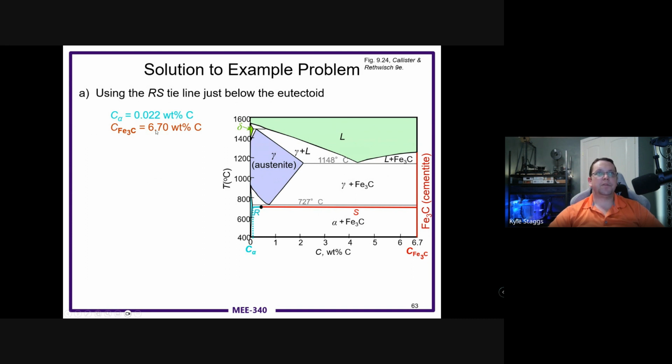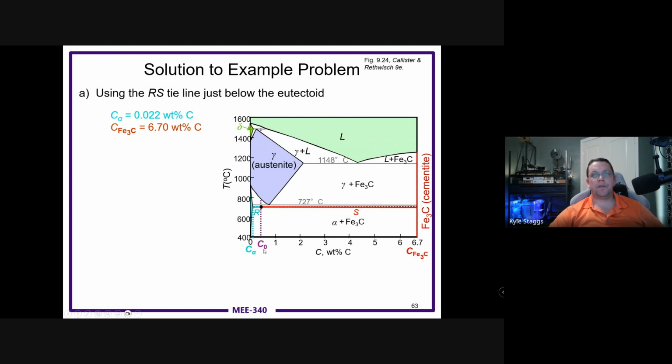The iron phase diagram with carbon turns into lots of other stuff later. But using the tie line, we can figure out that our weight percent of the iron carbide is significantly higher, at about 6.7 weight percent carbon. This alpha point is that 0.022, just barely below this eutectoid point. So the 0.022 weight percent is just a thing to remember.